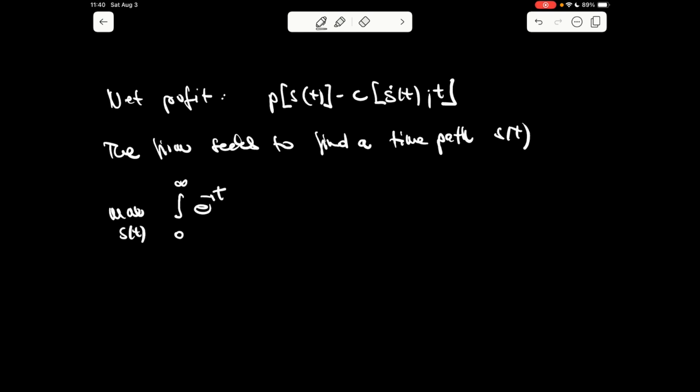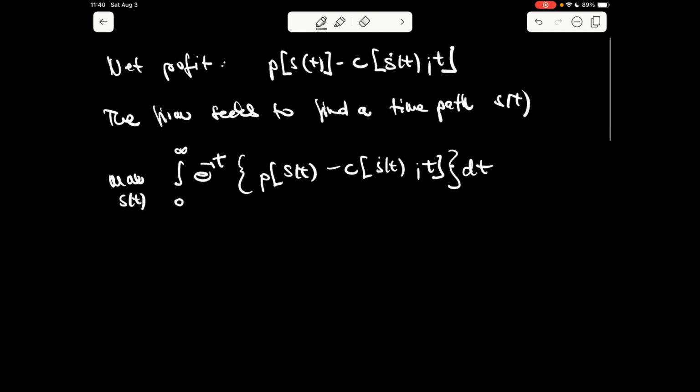This is the usual discounting function. This is the profit function. So actually, what the firm is maximizing is the sum of its future profits, which can be wrapped up as a maximization problem in which we maximize in terms of the capital path.